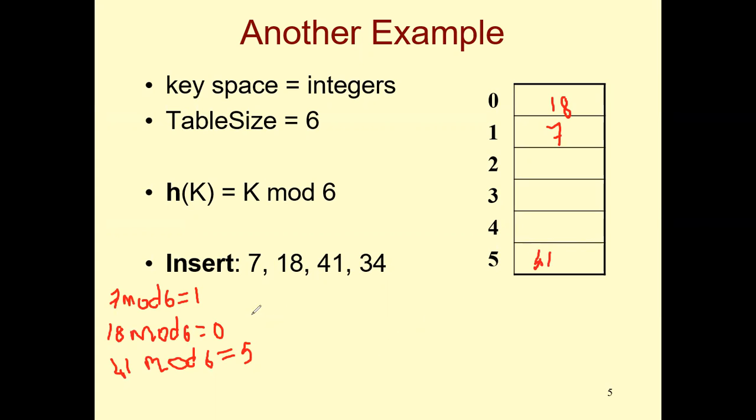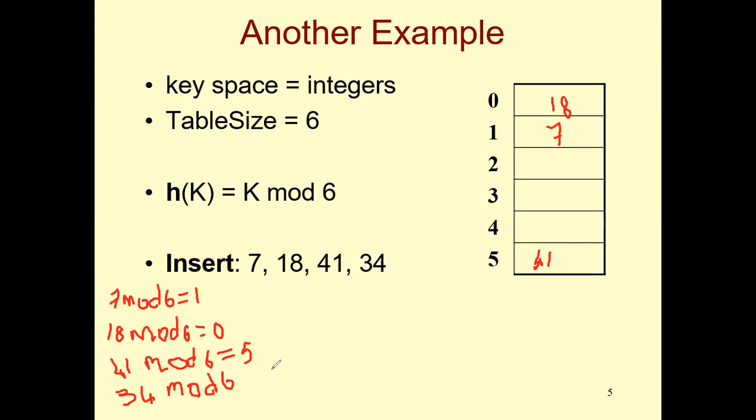And the last number we have is 34. That's going to be 34 mod 6. How many times can 6 go into 34? 6 can go into 34 5 times.